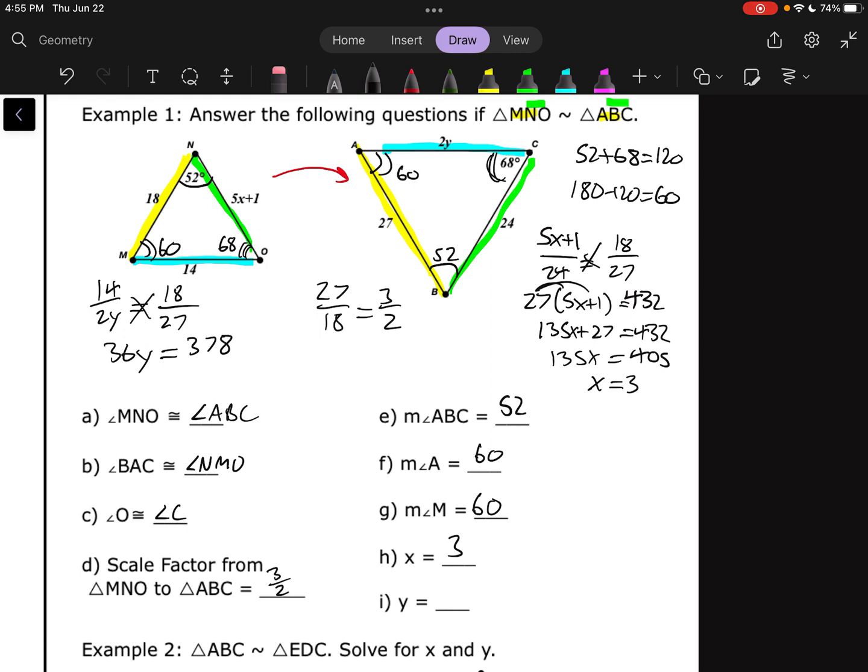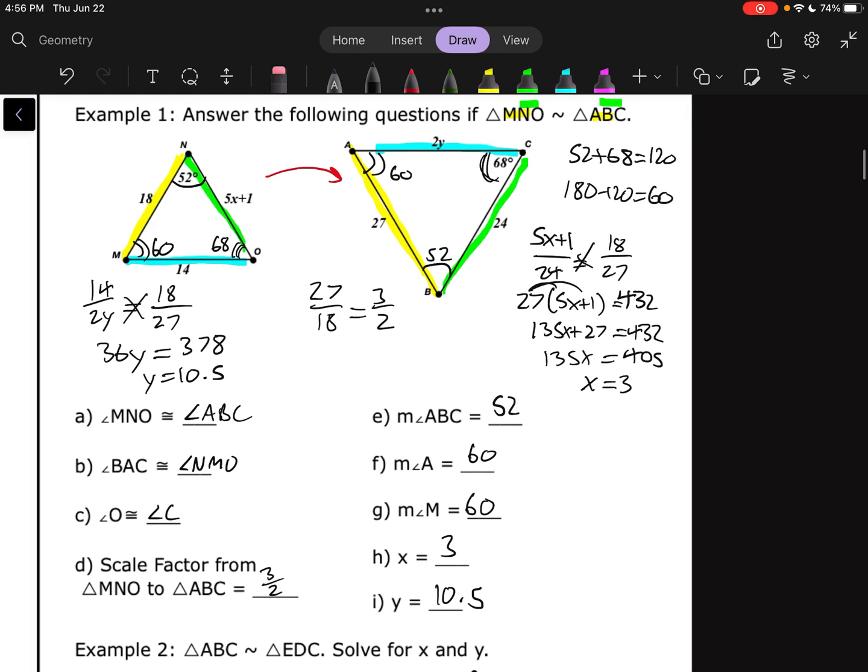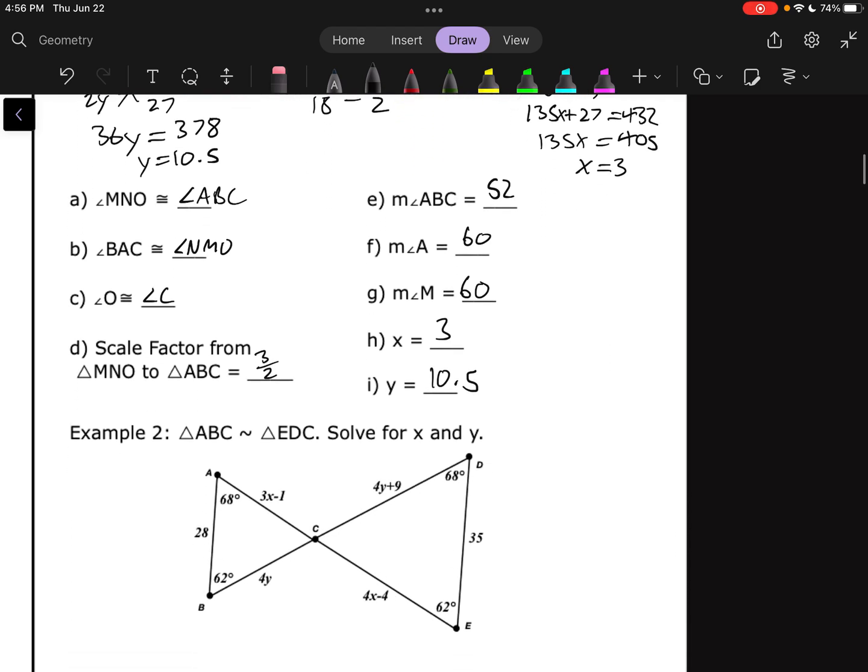So 18 times 2y is 36y, 14 times 27 was 378. We divide that by 36, and we get 10.5 for y. Okay, that is a wrap there.